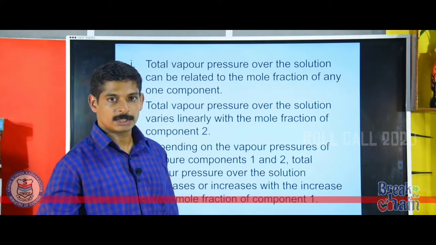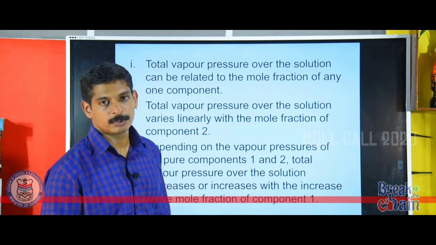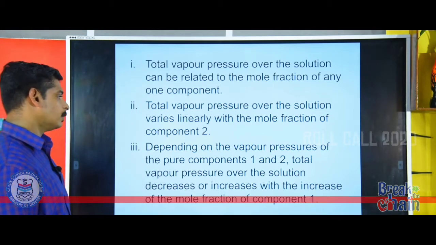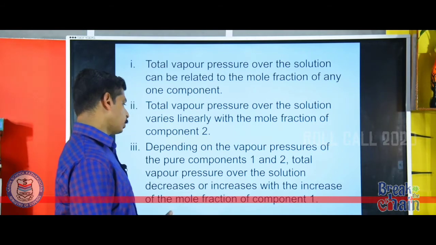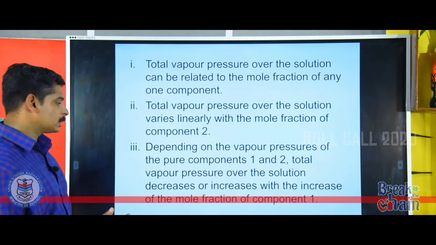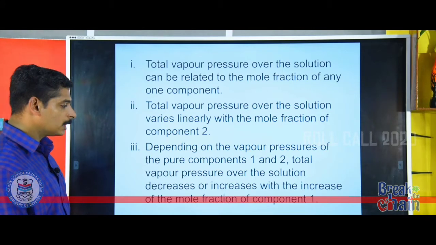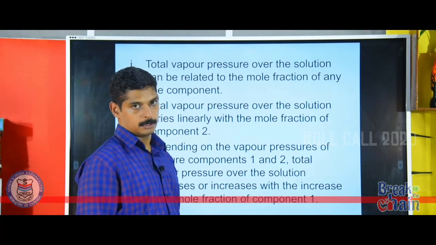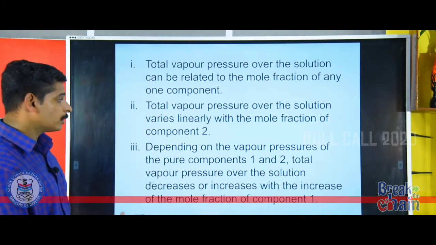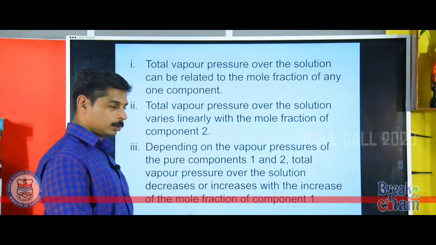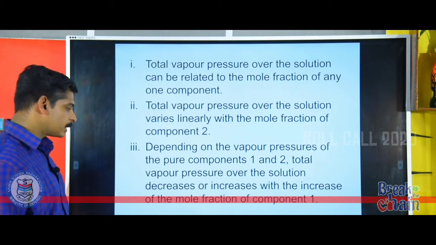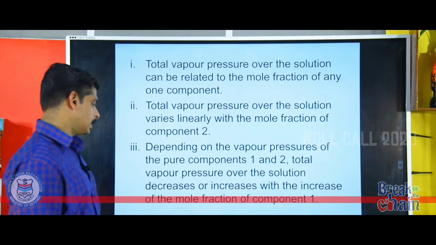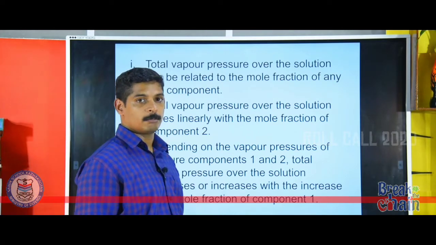So as Chi2 changes, the total vapor pressure will also change, and depending on the vapor pressure of the pure components 1 and 2, the total vapor pressure over the solution can either increase or decrease with the increase in the mole fraction of component 1.